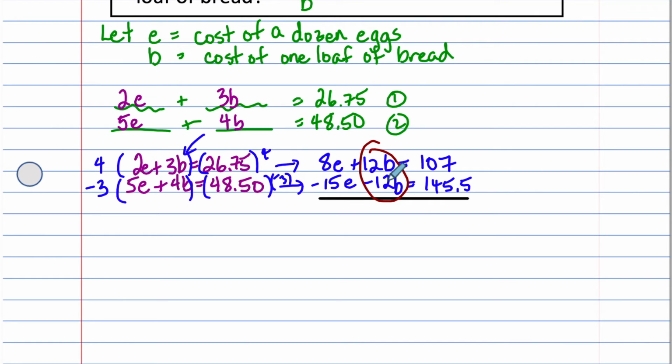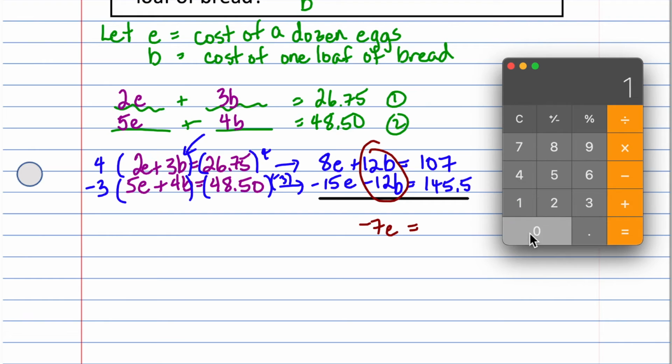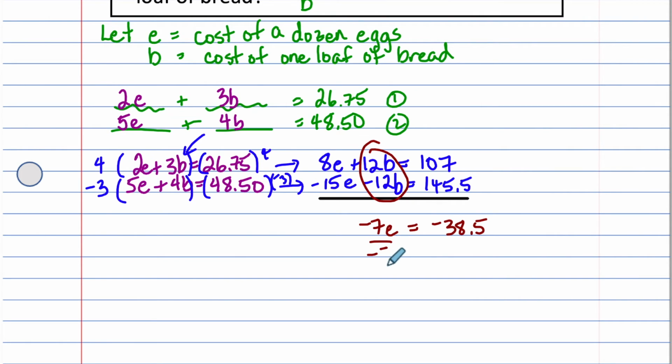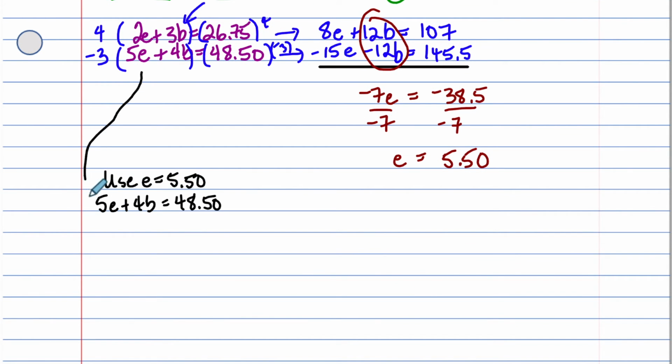Now we have a zero pair. And divide by -7, which is $5.50. Let's use the second equation and plug in E.